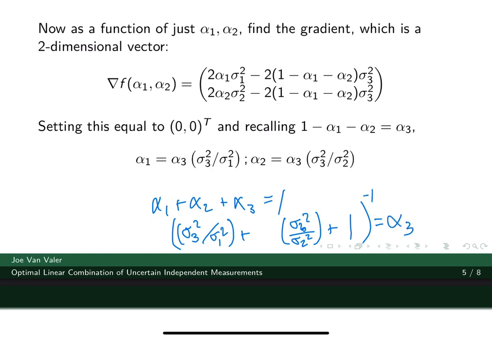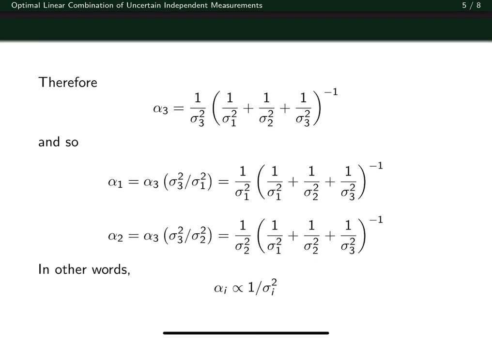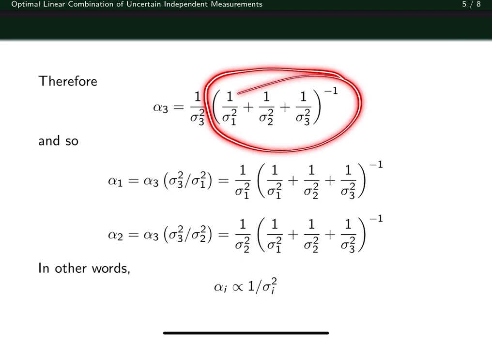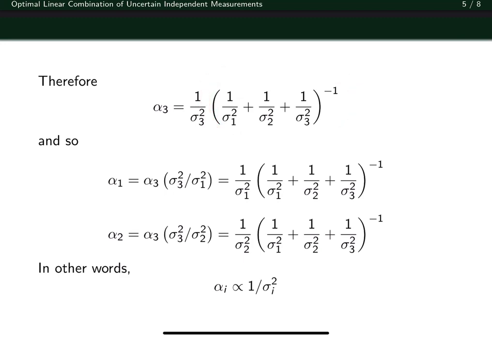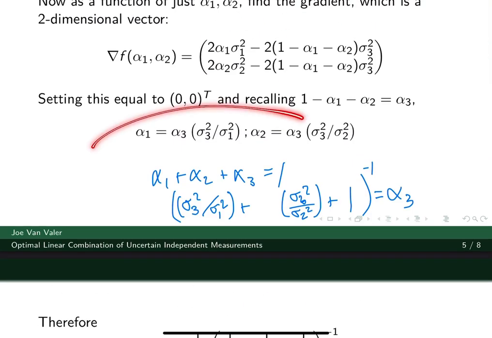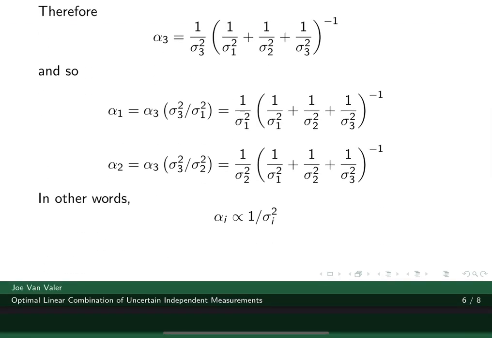And that looks pretty ugly, but we can rewrite it in this visually appealing form. Alpha 3 equals 1 over sigma 3 squared, and then with this normalization term that you see throughout both these terms. You can also find alpha 1 and alpha 2 just from these equations we have here. And there we go.